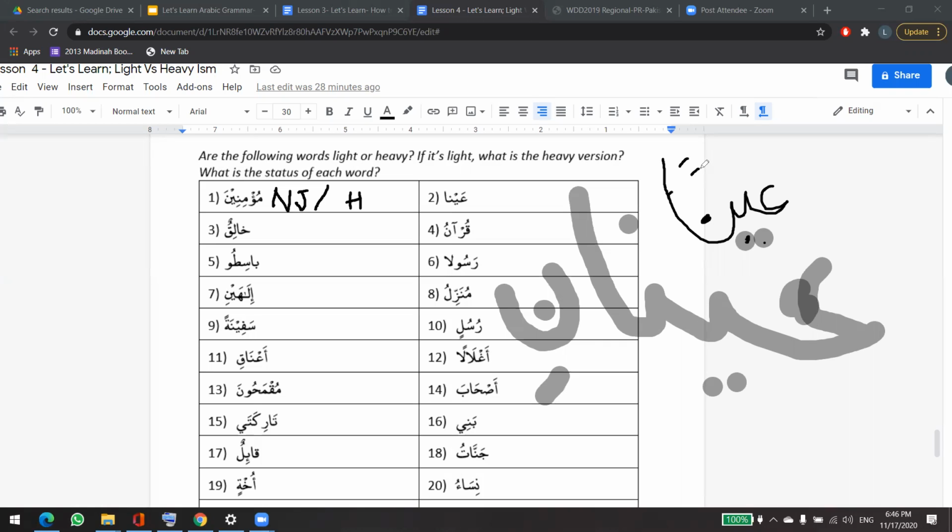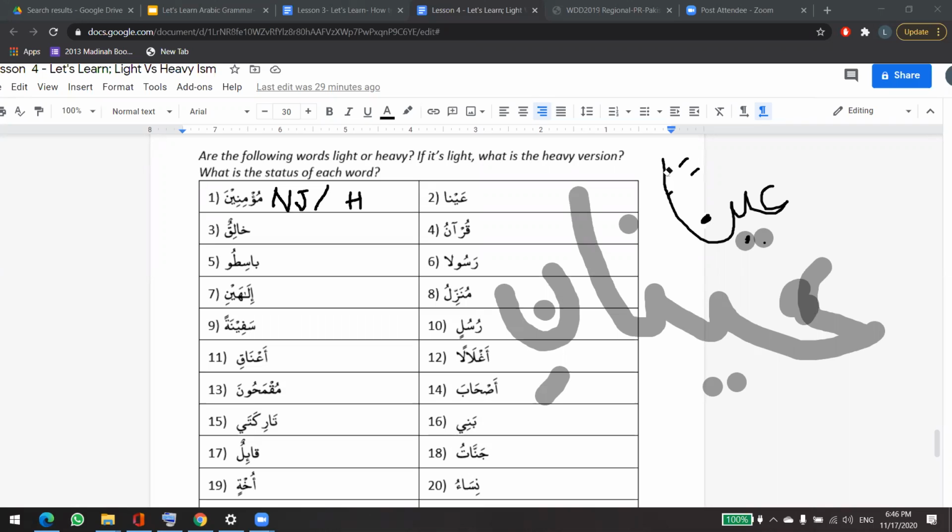Remember, I told you that if there are two fatha, there's a rule for writing a word which has two fatha. You have to put the alif at the end. But if the two fatha are not there, you are going to make it light. You make ainan light and remove the tanween sound. Two fatha, remove one fatha.